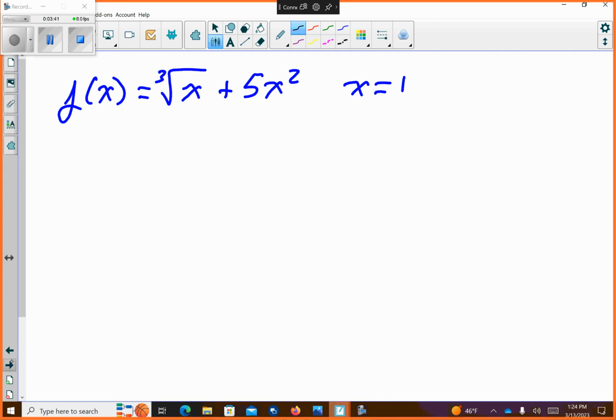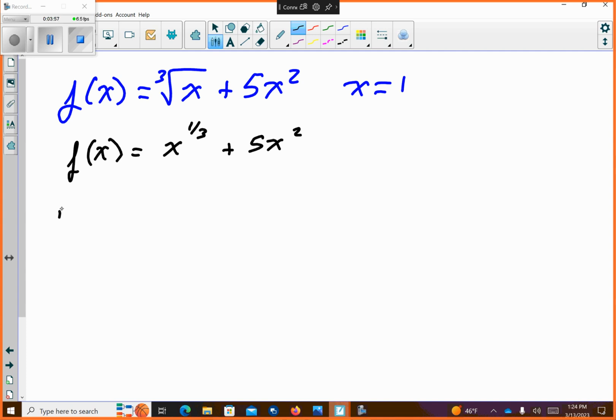All right, so a few things that you need to make sure you take care of is you don't want to have radicals. So you have to realize the third root of x is x to the 1/3 power, and then this stays as is.